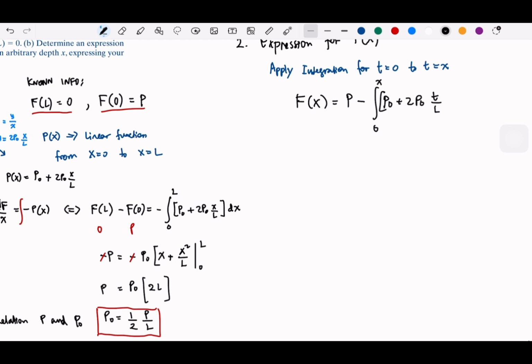and let me exchange x with t to make our integrations, and this will be p(t). And then we get the expression for f by taking all the integrations.